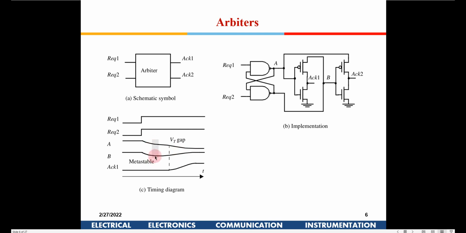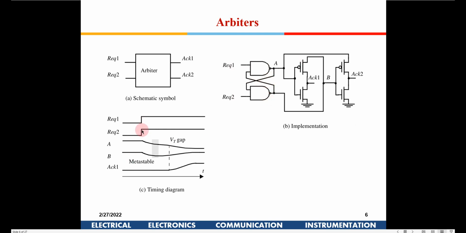If there is a small gap in the response of A and B, because it is a metastable state, this is a cross-connected inverter, so there will be a positive feedback, and it will finally settle towards A. So whichever node goes to 0 faster will get responded to first, even if the input signals are fast. That could be because of even stray noise.